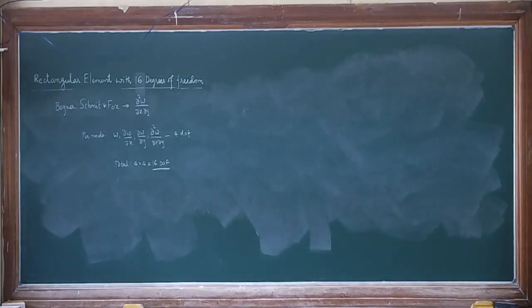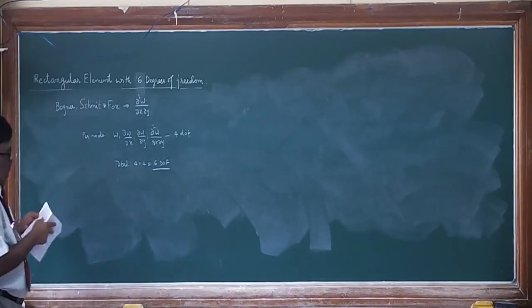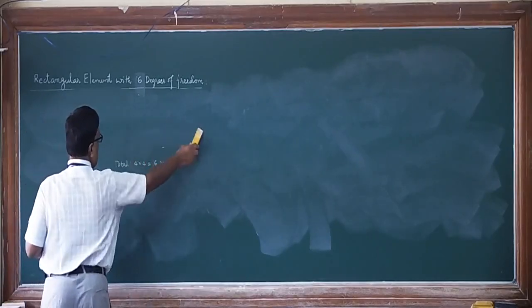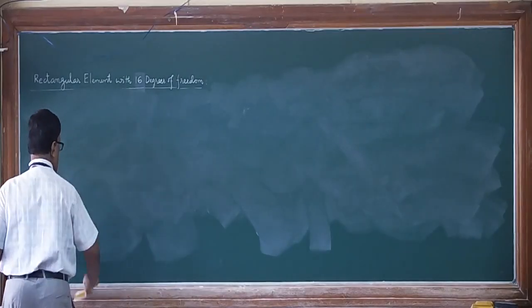So naturally the generalized displacement contains now 16 terms. We have to check the W terms. How many? 16 terms are there. Obviously we need 16 constants. So therefore let us quickly write all the terms in the deflection W in the form of a polynomial.